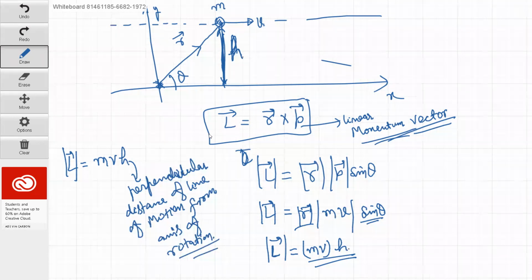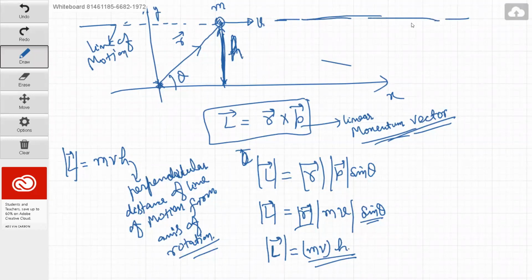Is this all right? So this is called the line of motion. Line of motion means the line along which the motion is taking place. So the h distance is the perpendicular distance from the axis of rotation to the line of motion. Is this all right?